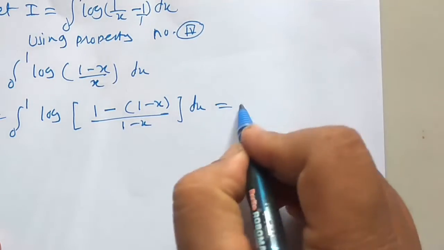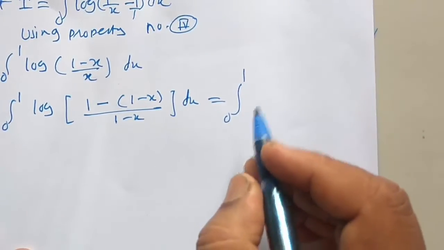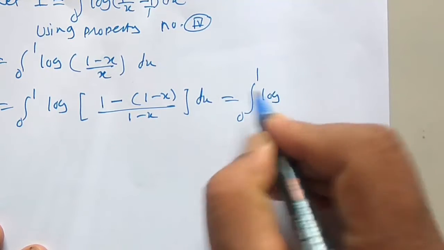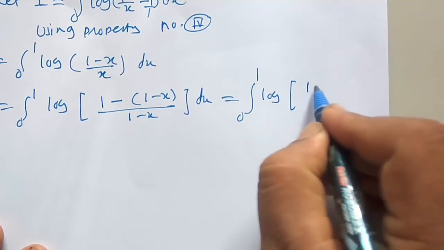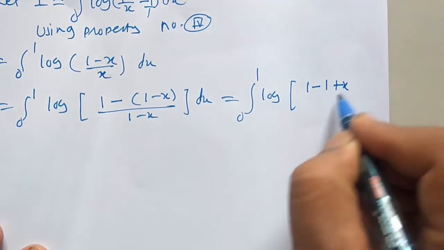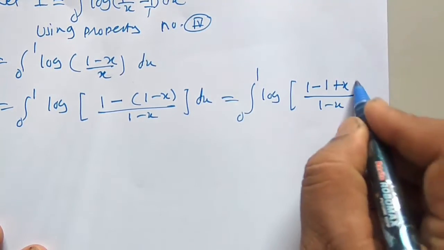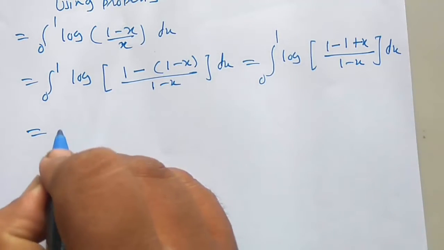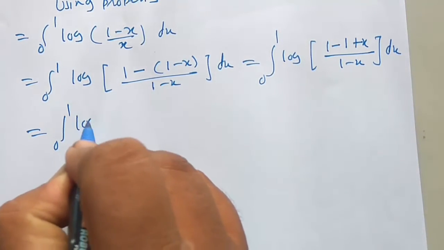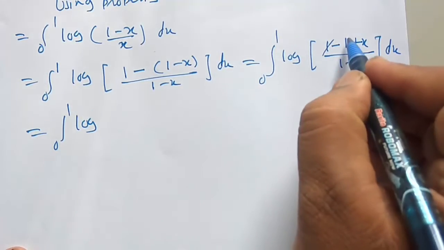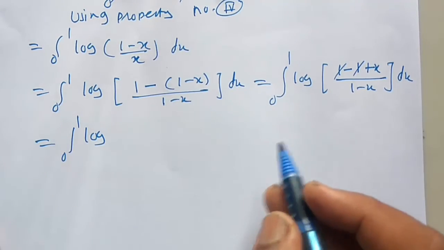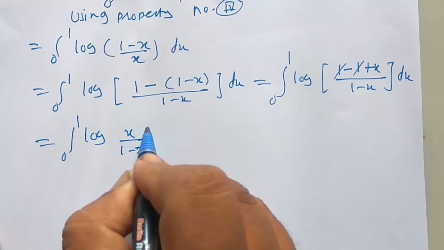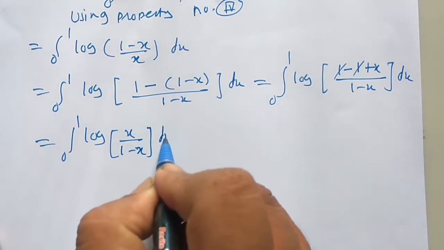So this is equal to the integral from 0 to 1 of log of (1 minus 1 plus x) upon (1 minus x) dx. So this is equal to the integral from 0 to 1 of log of, 1 minus 1 get cancelled, only x upon (1 minus x) dx.